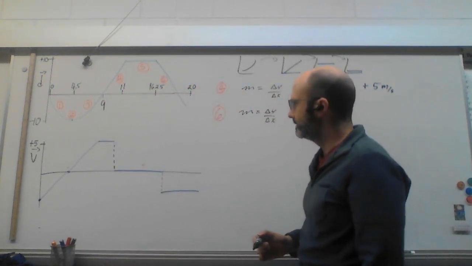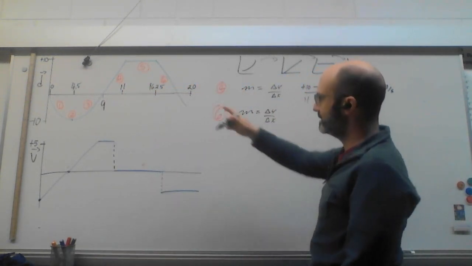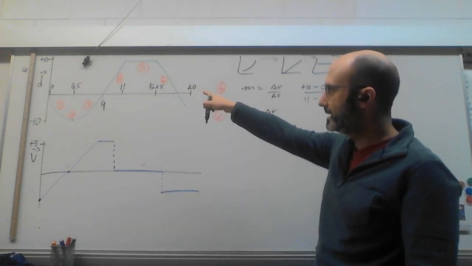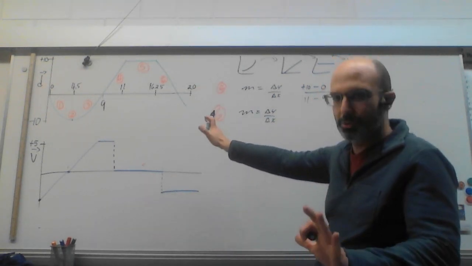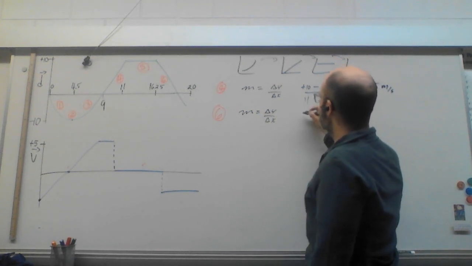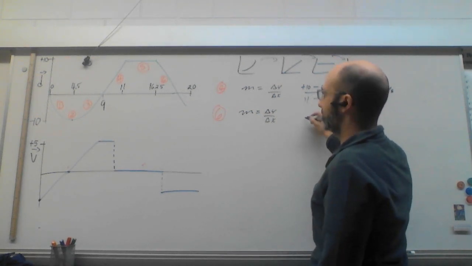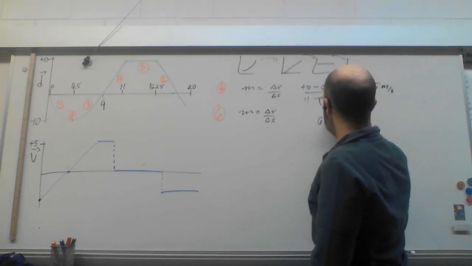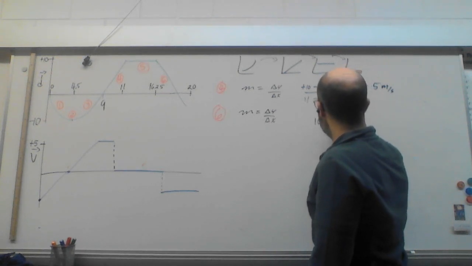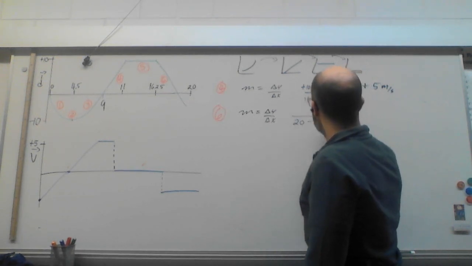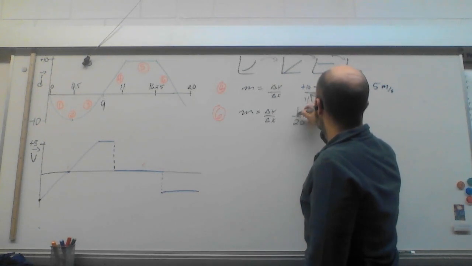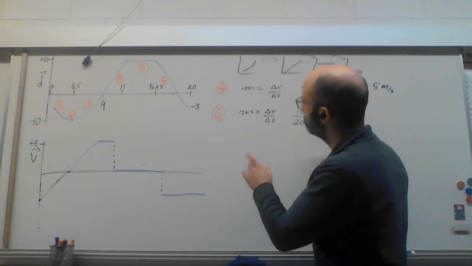Sweet. Okay, what about 6? Now, 6 is a little bit hard to read. It's 6.25 or so on your graph. So if we put those numbers in here, let's do that. So we've got here 16.25 and 20 all over 10 and minus 3.